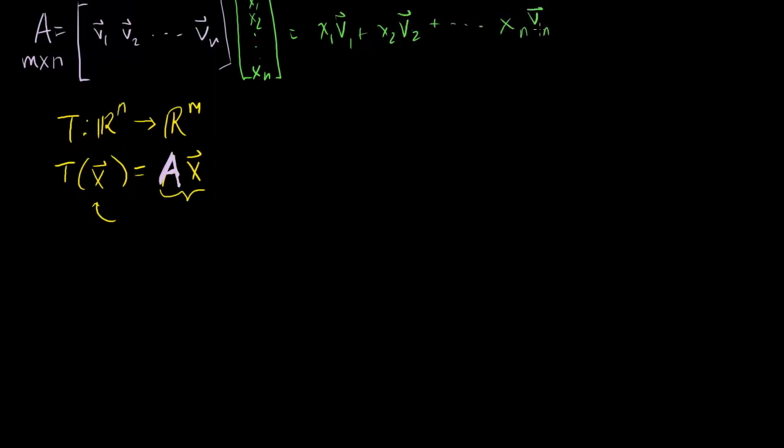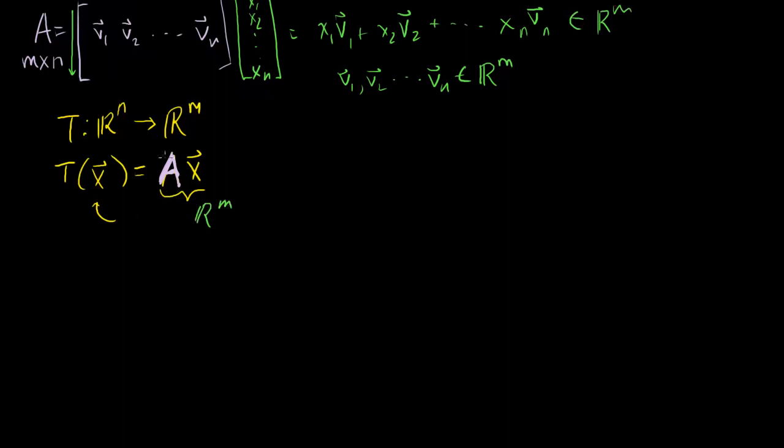So it's a sum of a bunch of these column vectors, and each of these column vectors, v1, v2, all the way to vn, what set are they members of? Well, this is an m by n matrix, so the matrix has m rows, and each of these column vectors will have m entries. So all of these guys are members of Rm. If I take a linear combination of all of these guys, I'm going to get another member of Rm. So this guy right here is going to be another vector in Rm.